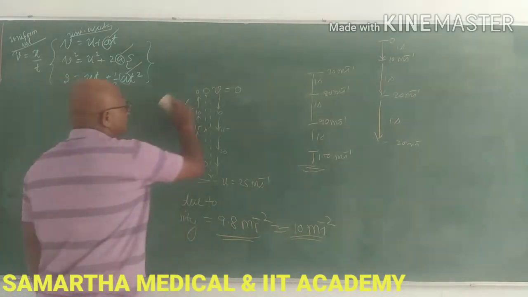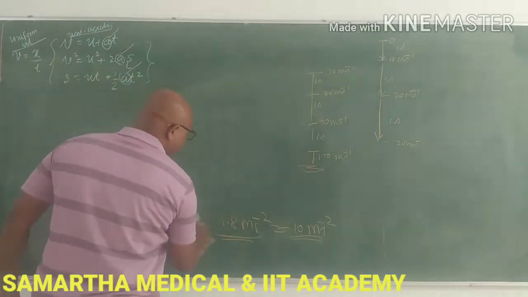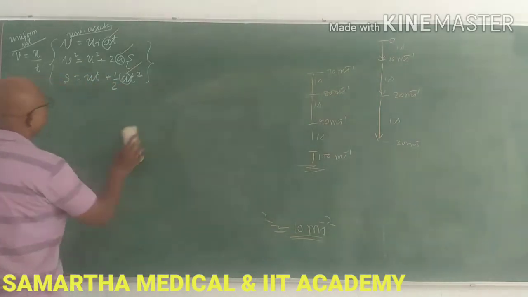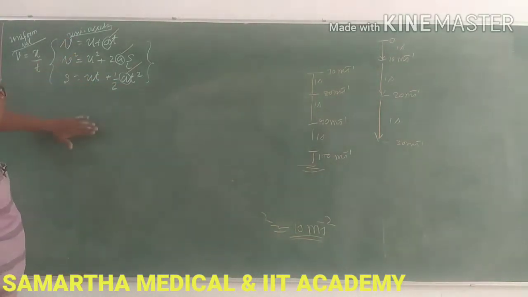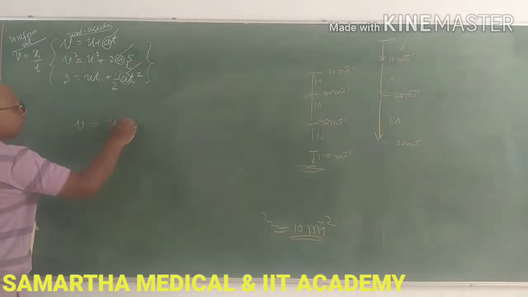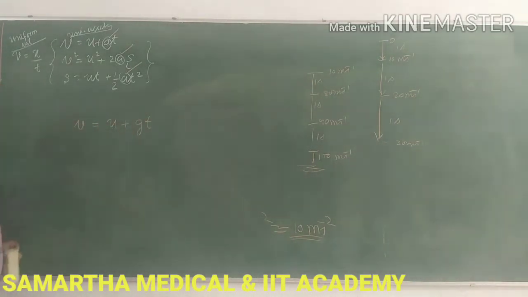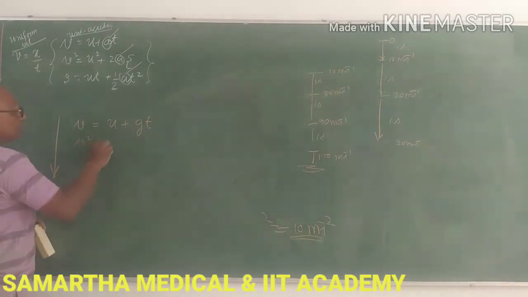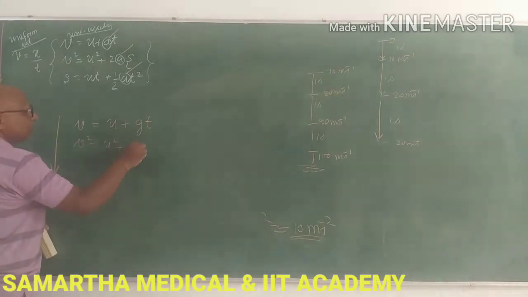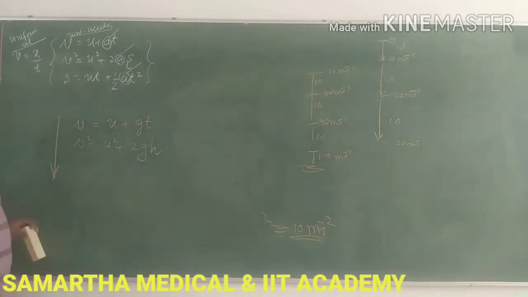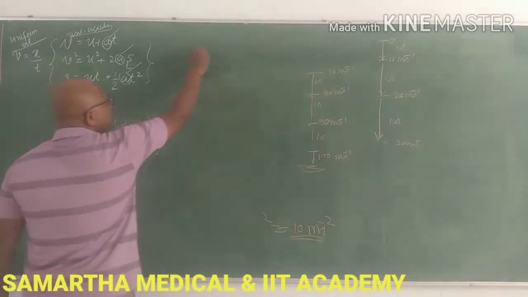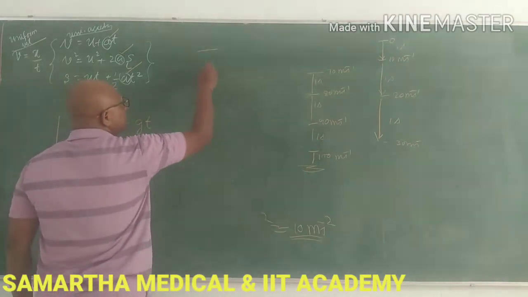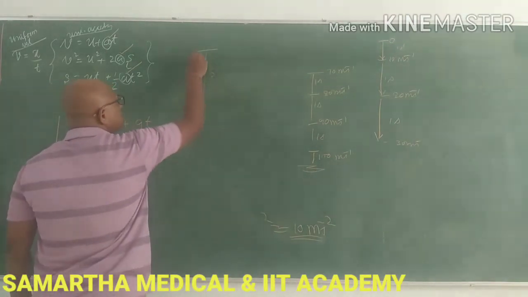Okay. Right. So for Earth's gravitational motion, for the motion under gravity, how will these equations change? Very simple change. v = u + gt for a body moving down, because acceleration is positive. v² = u² + 2gh, I will write, because s is the displacement when the body is moving down.